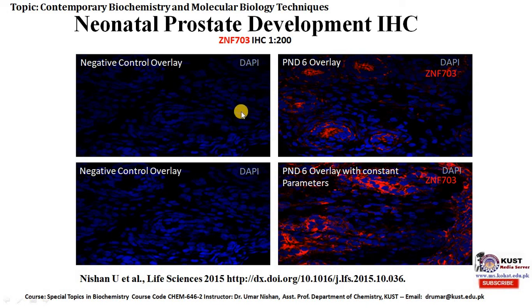The blue color that you are seeing is the nucleus of the different cells. And when we see after 6 days, for instance, we clearly see this red. In this situation, the color of the fluorescent material that is used is red.